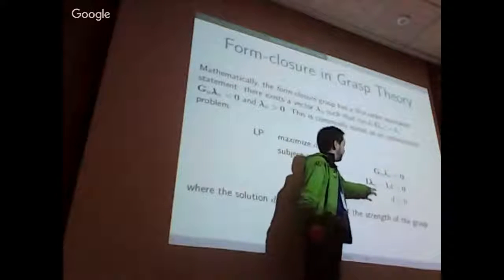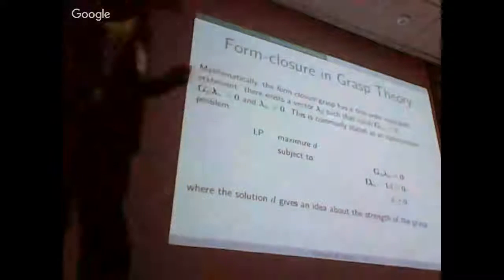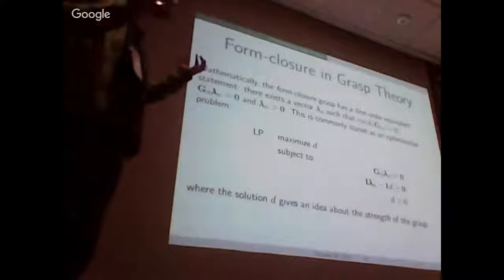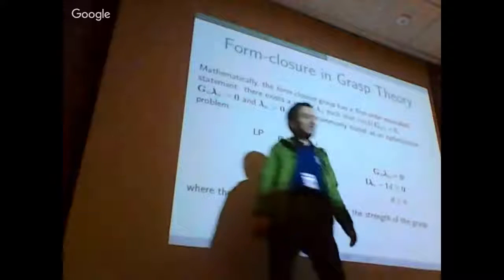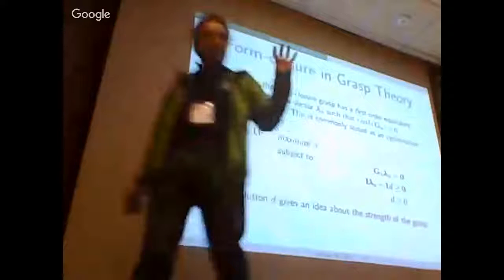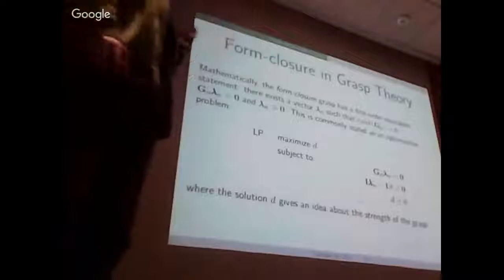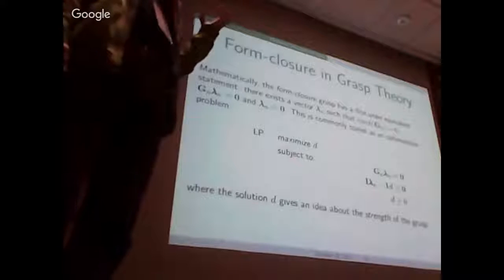The second is that the forces have to be all positive. So if we make sure that this graph matrix satisfies this linear problem, we guarantee that the grasp is form closure.